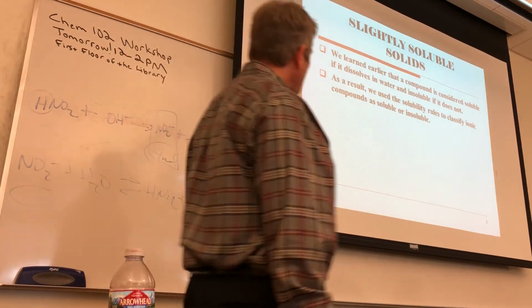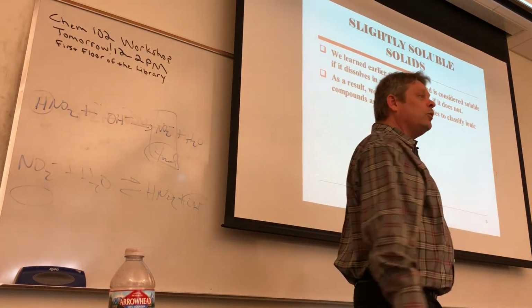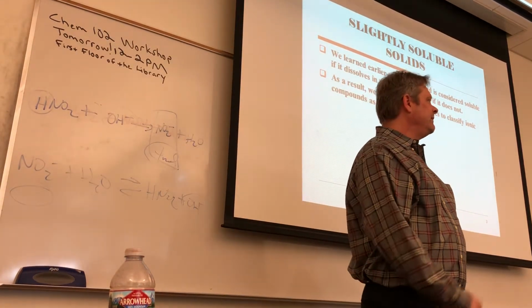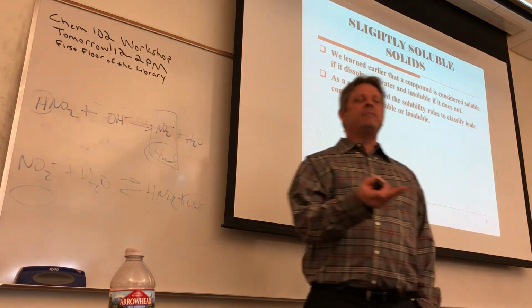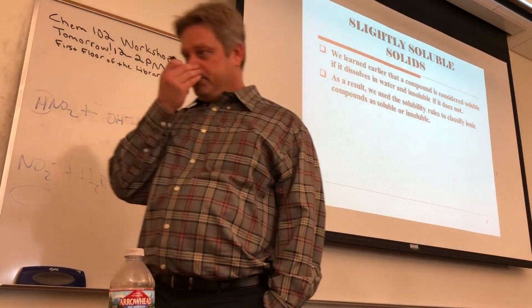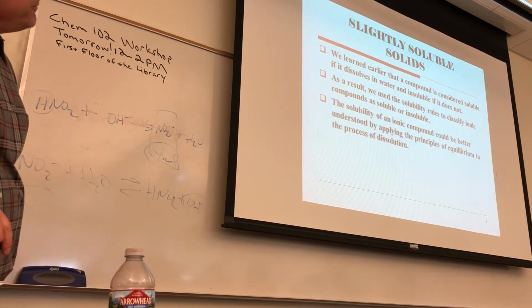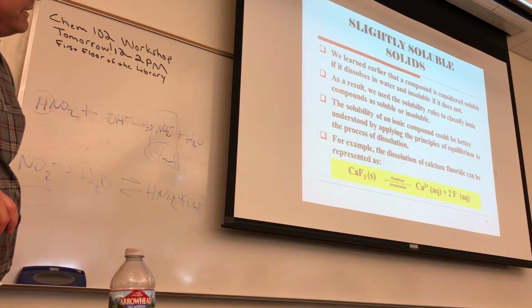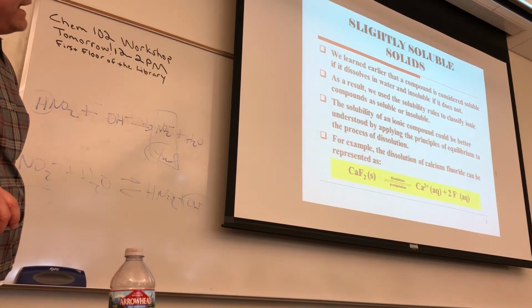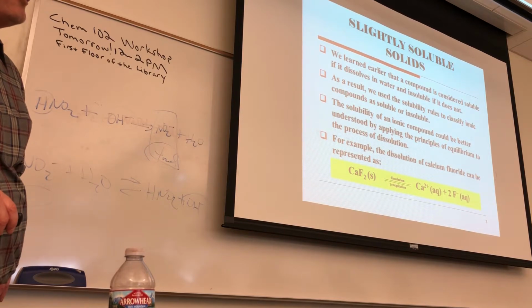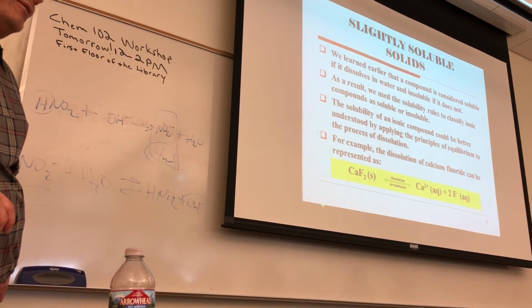Okay, so we had solubility rules too. Is something a precipitate or not? And we just looked at the insolubility rules. Okay, so that's solubility. Now, if I take something that's a solid and put it into water, sometimes it doesn't all become either soluble or insoluble.